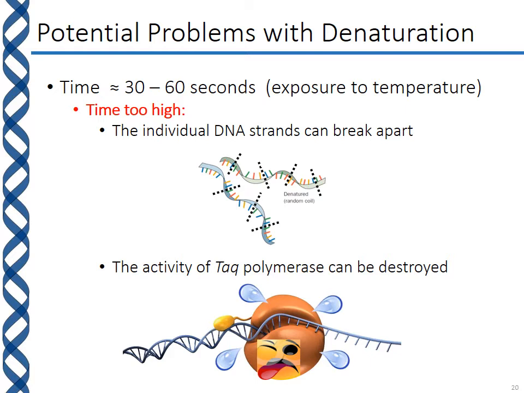And so if you extend the time of denaturation, assuming you have that properly high temperature, then you're just allowing extra time for those DNA strands to break apart and for the activity of the enzyme to be destroyed. So you want to reduce that time to only what is necessary.